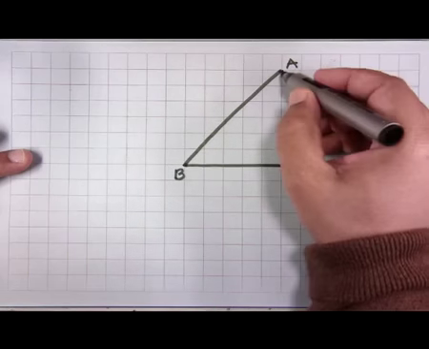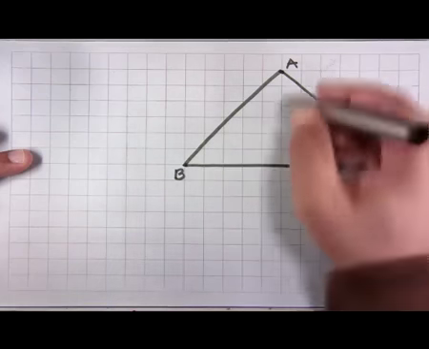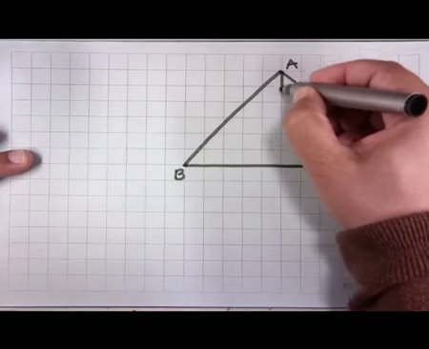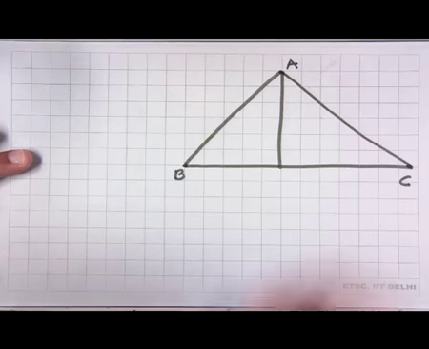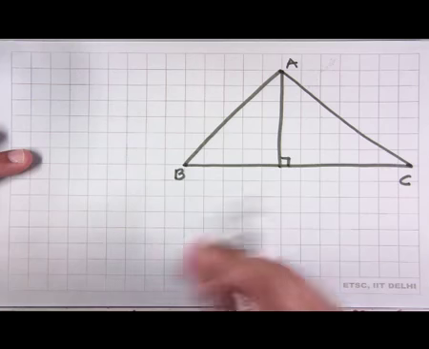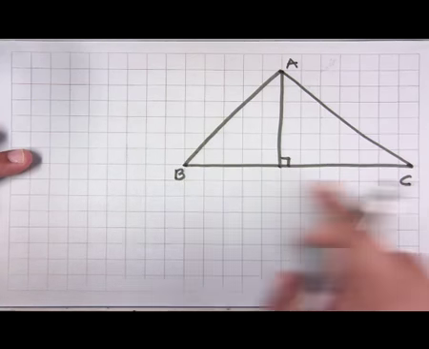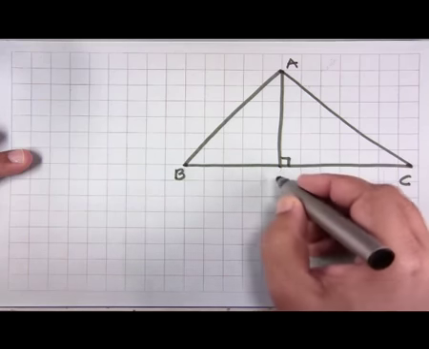So, we drop a perpendicular from A to the side BC. Let that perpendicular be this straight line, therefore, this is 90 degrees. And let this perpendicular meet this side BC at a point D.